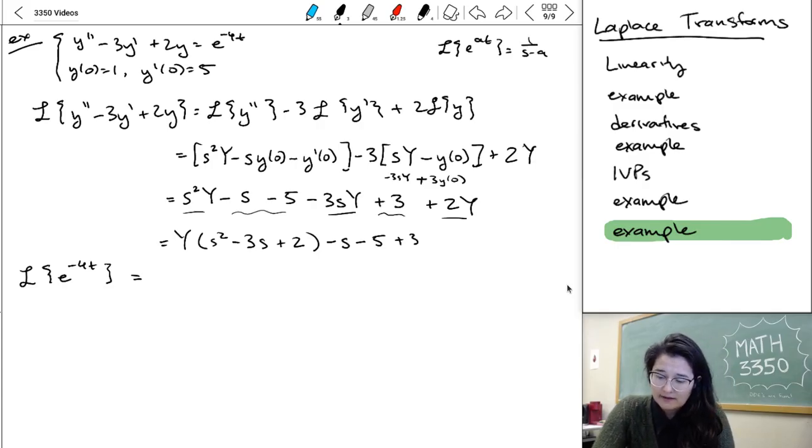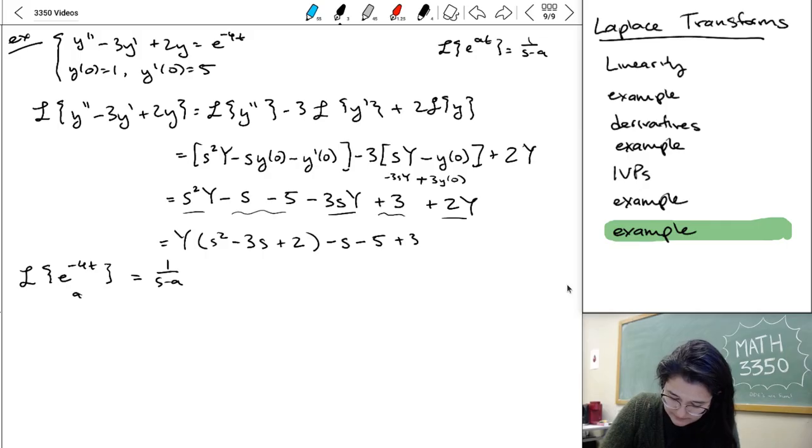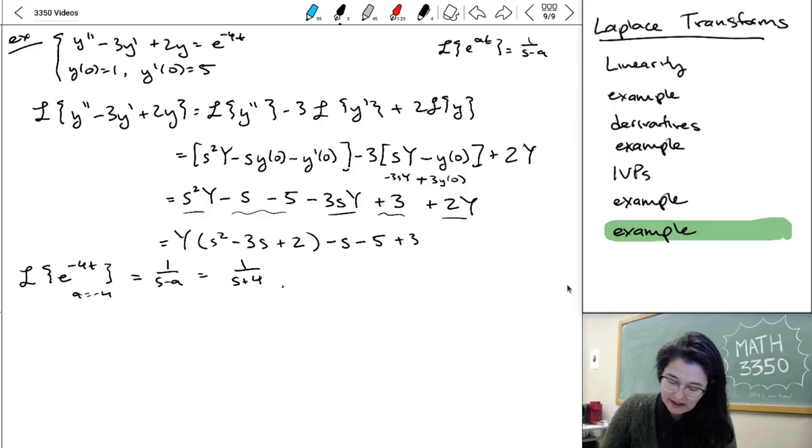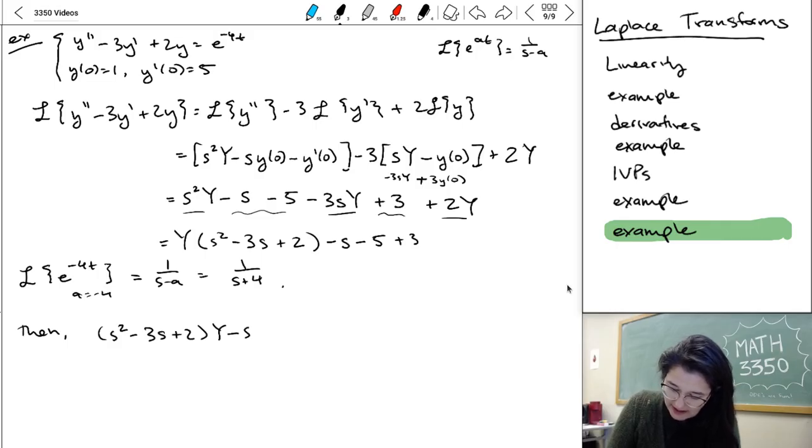For us, a is minus 4, so we're just going to get 1 over s plus 4. Then setting both sides equal, we have s squared minus 3s plus 2 times Y, minus s minus 5 plus 3, is equal to 1 over s plus 4.